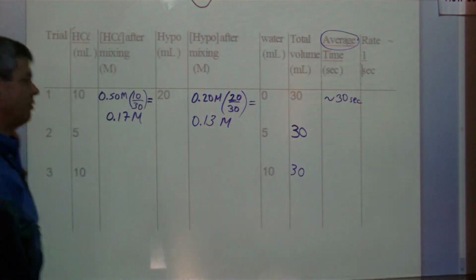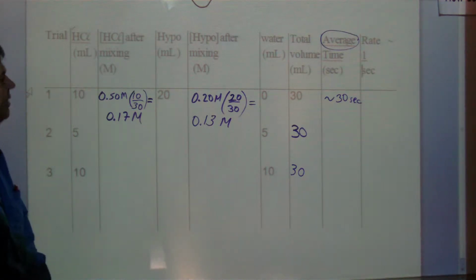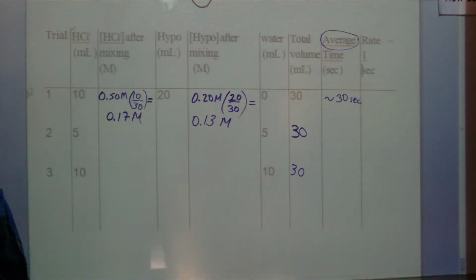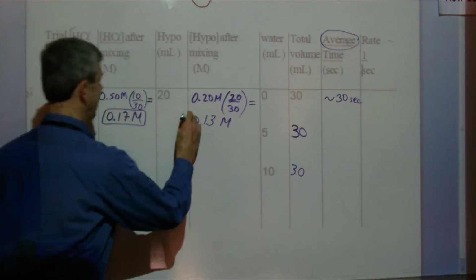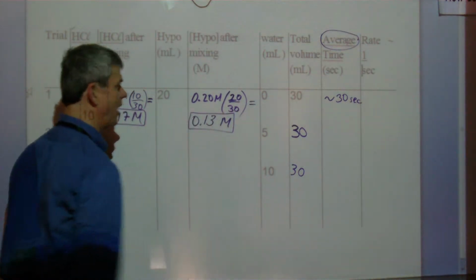There we go, 2/3 of 0.2 is 0.13. All right, so there we've got our two concentrations, HCl and hypo, in trial number 1.